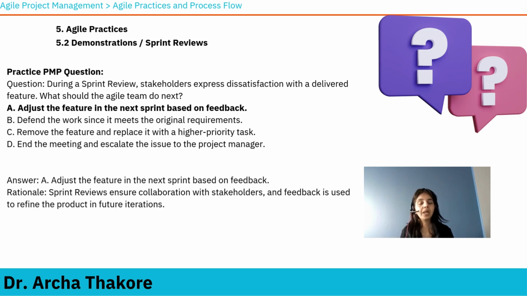So the right way to handle negative feedback, or a user story that is not accepted by the customer, is to adjust the feature in the next sprint and fulfill the requirements. Sprint reviews ensure collaboration with stakeholders. The feedback is used to refine the product in future iterations. Course correcting is one of the basic principles of agile. So this is what we will do.